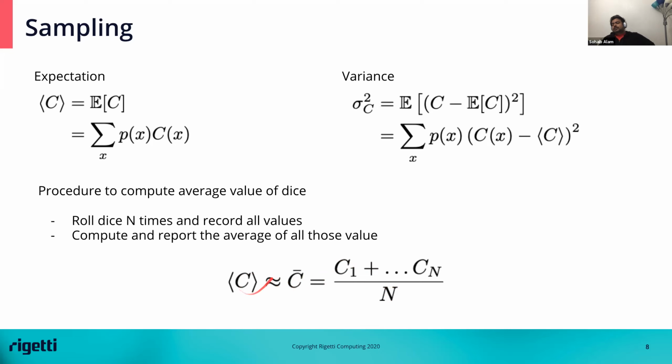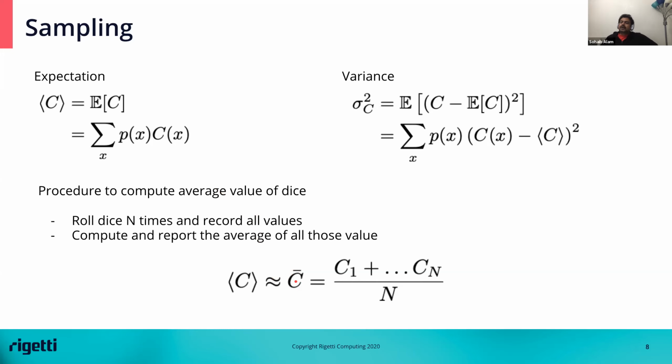There's another nice property about this, which is that if you take the expectation value of this particular observable, it comes out to be exactly equal to the theoretical value of the original random variable C. And whenever that holds, we call our estimator an unbiased estimator, right?